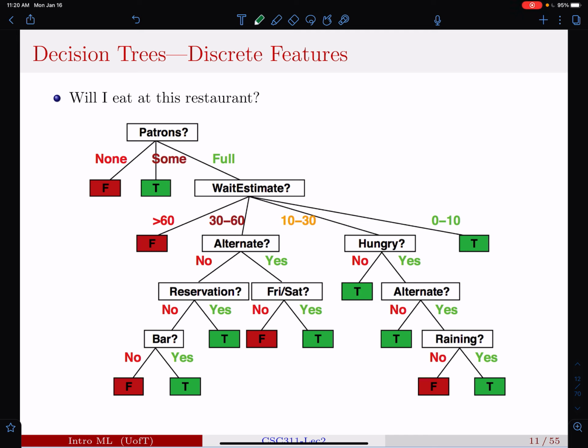So whether or not there are other people, how long you have to wait, and so on. Eventually, by tracing through the answers to each of these questions, you arrive at a leaf node, which is a natural answer. So this is one nice thing about decision trees, that they're pretty interpretable, right? We, as humans, often have this decision-making process, and we're just trying to formulate this in the form of an algorithm.